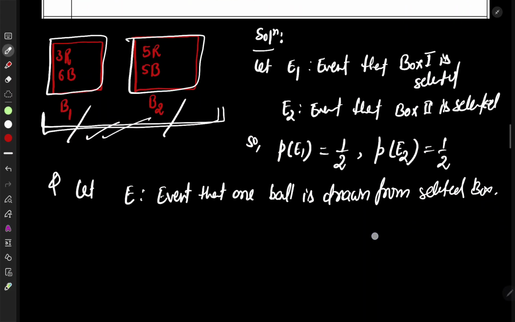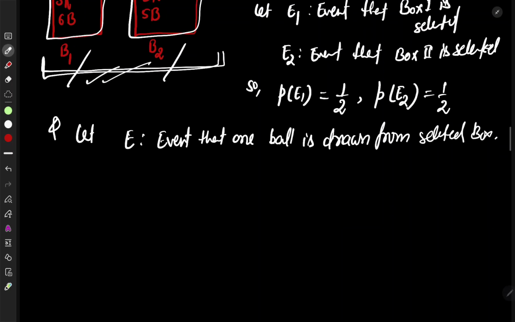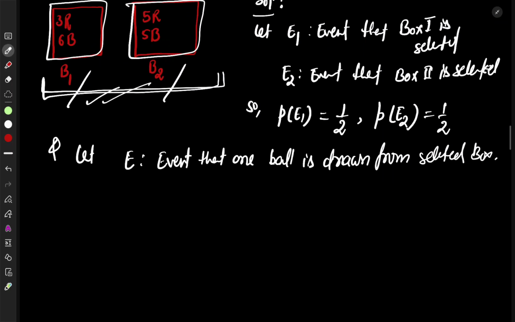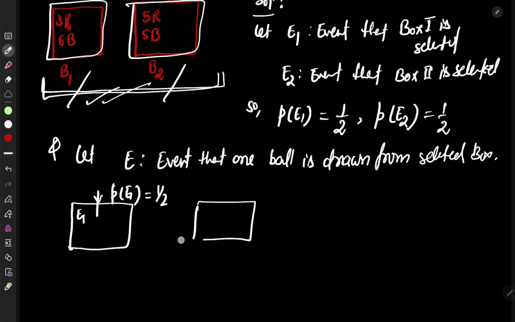I hope this is very clear. So the situation is like this: E1 is the event with probability 1 by 2, and E2 is the event with probability 1 by 2.